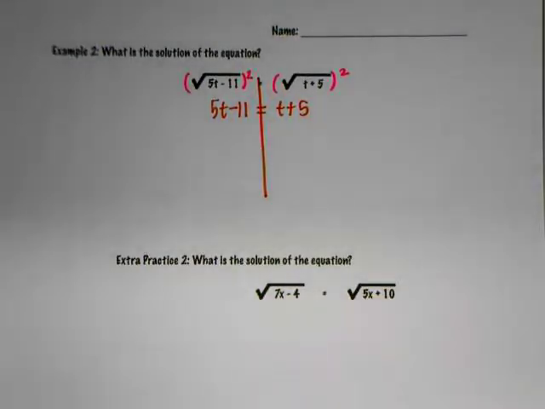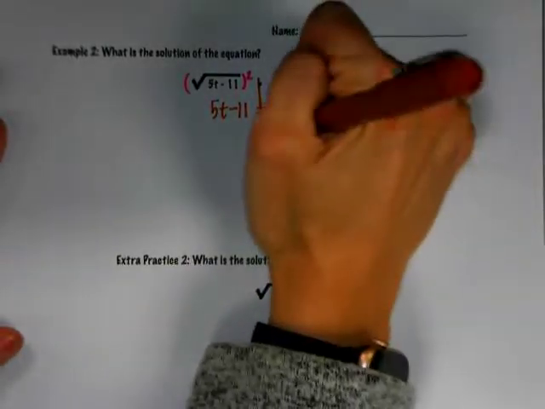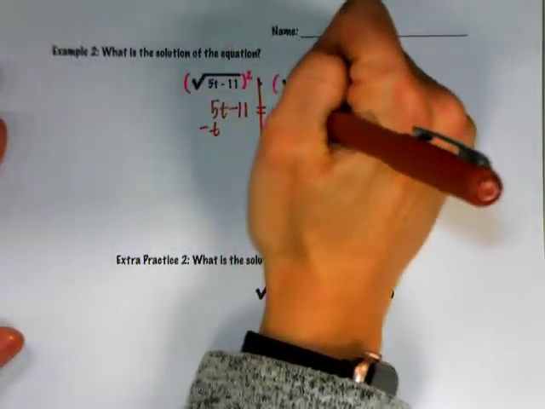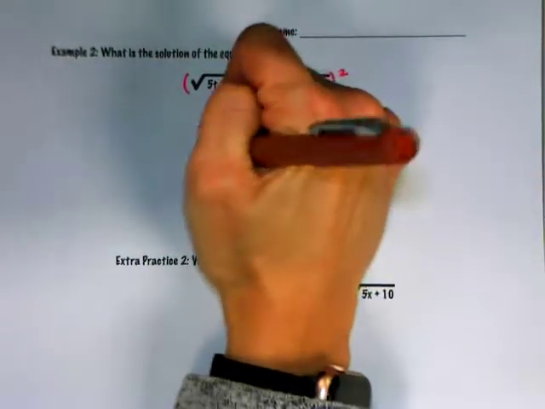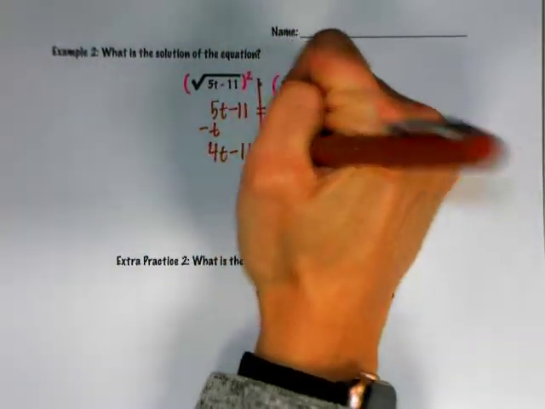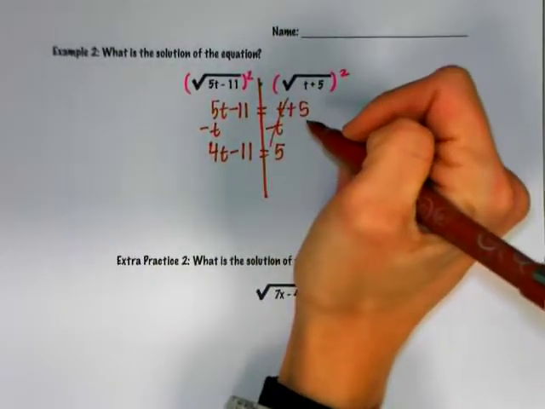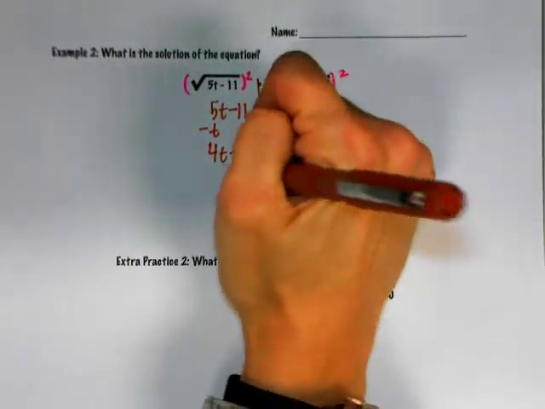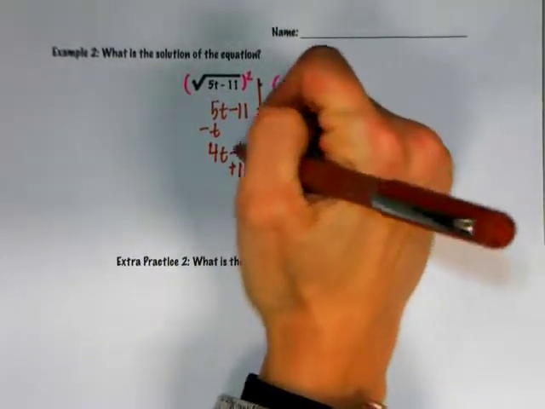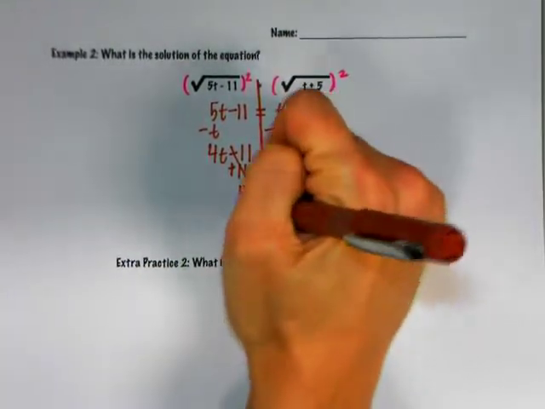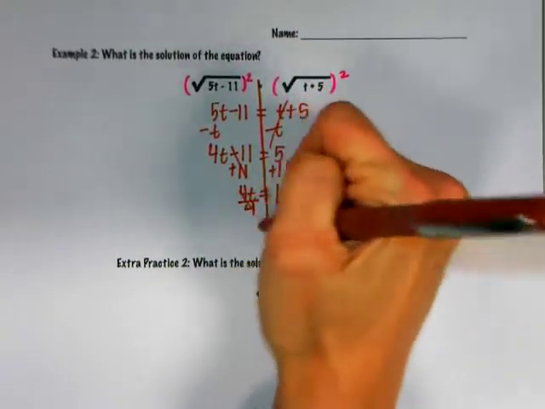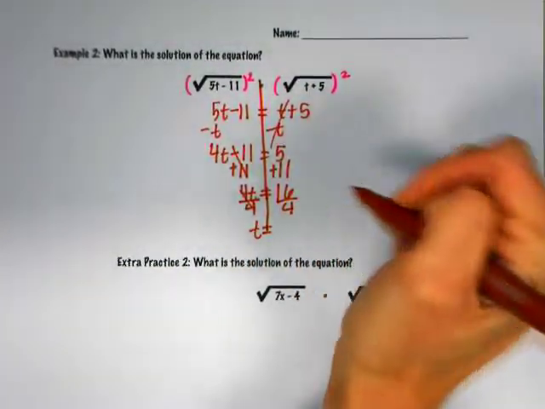Okay, and then what? Yep, minus t. So what's that going to be? 5t minus t is what? Yep, 4t minus 11 equals 5. Okay, then what? Yep, plus 11. 4t equals 16. Divide. So what does t equal? 4.